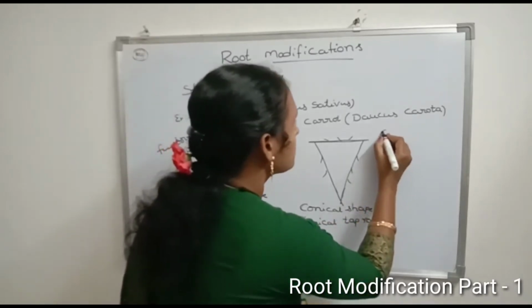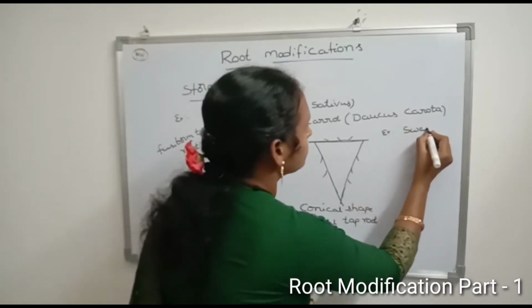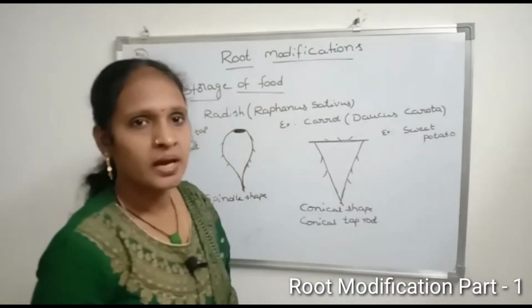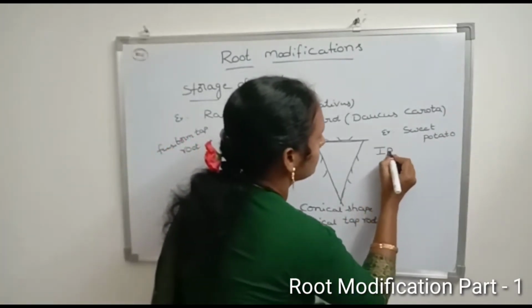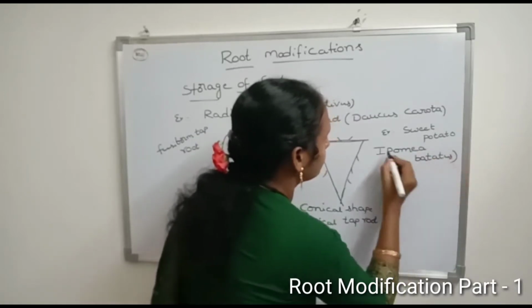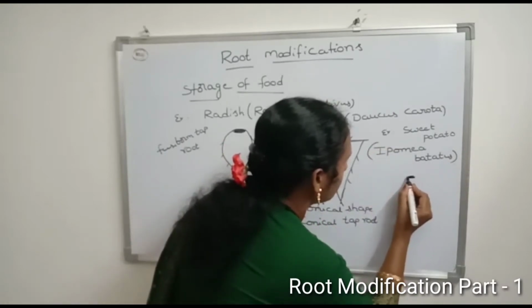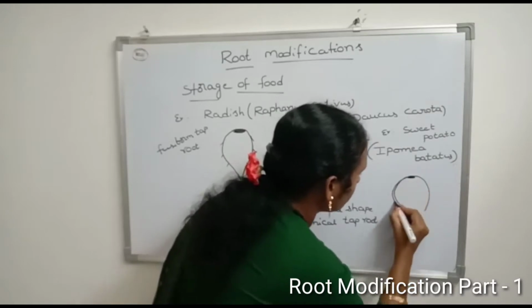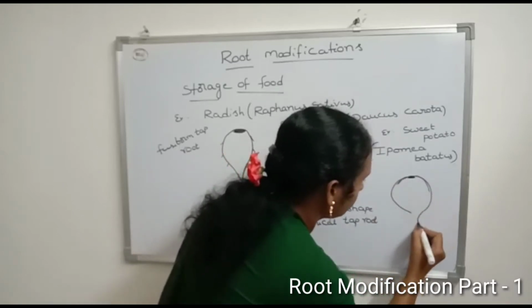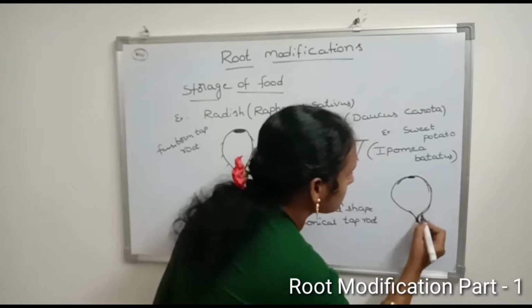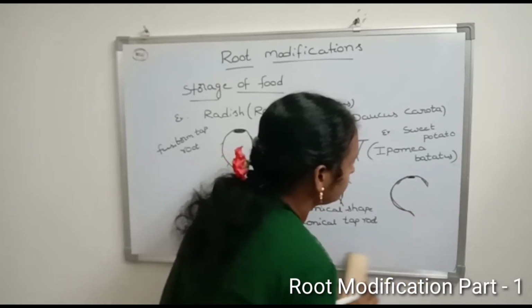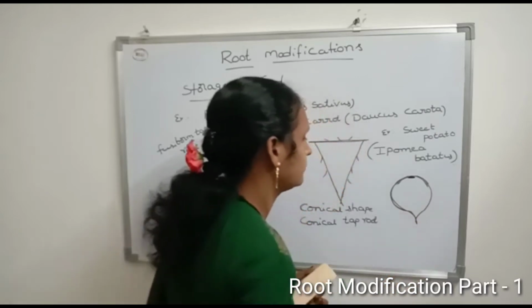The third example is sweet potato. The scientific name of sweet potato is Ipomoea batatas. The middle of the root becomes extraordinarily swollen.